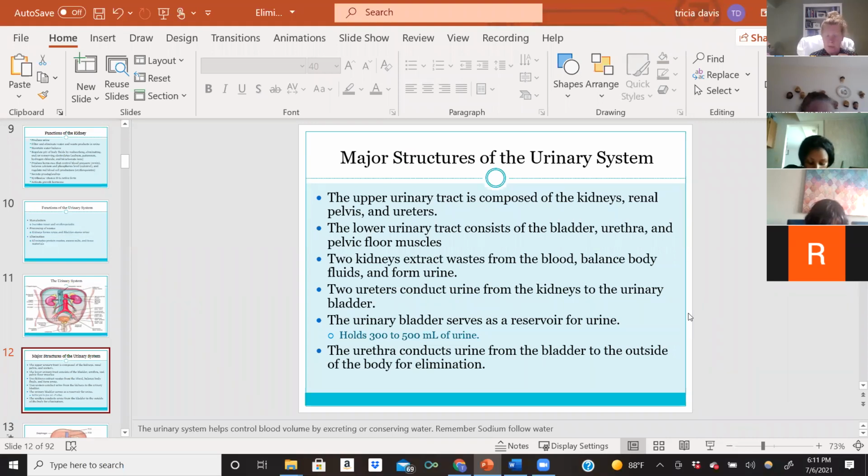In the average person, it can hold about 300 to 500 mLs of urine. There is always the person that can hold 1,100 or 1,200 cc's of urine. Nurses can certainly do that. But this is just an average. The urethra conducts urine from the bladder to the outside of the body for elimination.